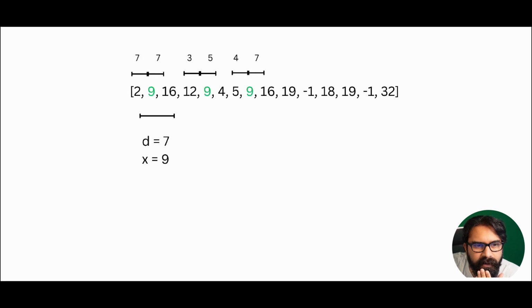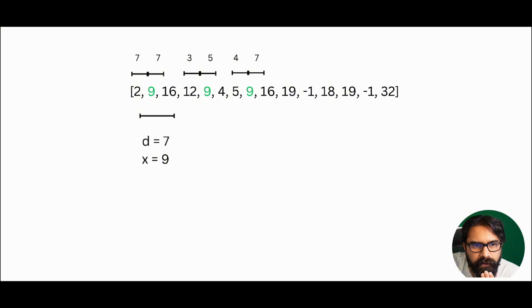So the idea is to try to fit 9 into all the possible -1s that we have. If we attempt this, we can see that 9 satisfies the condition of being less than or equal to d in the pair between 2 and 16. 9 can also satisfy the pair between 12 and 4.